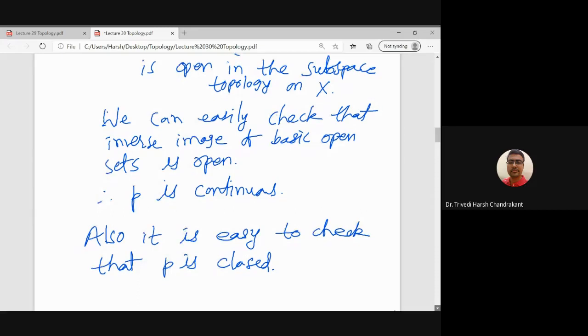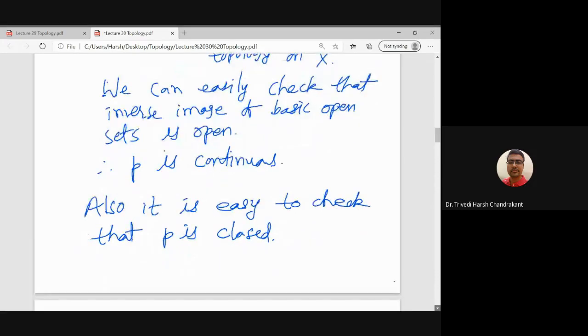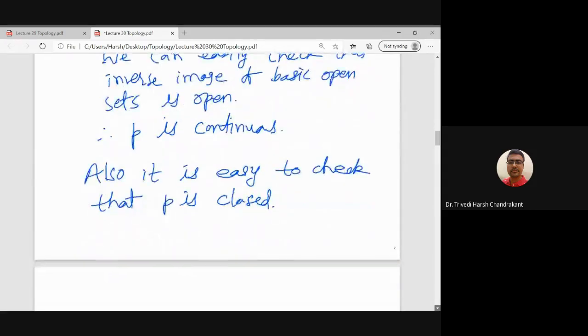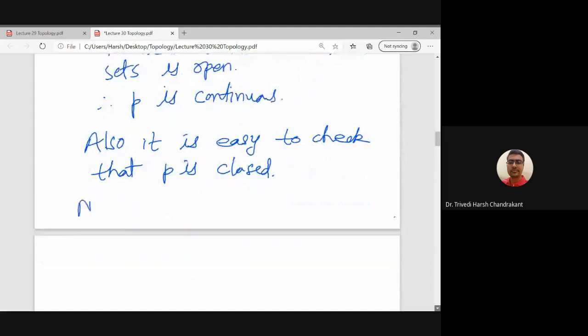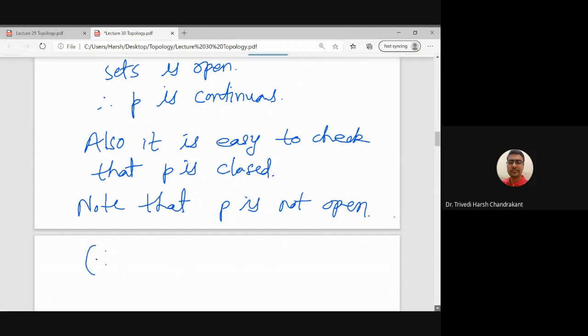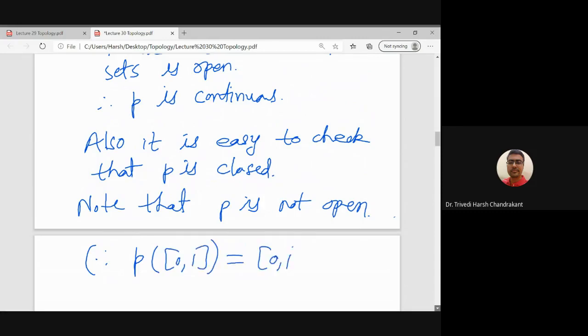However, the function is not open, so note that P is not open. Why is it not open? Because if we take the image of the closed interval [0, 1], then we'll get the closed interval [0, 1], right?